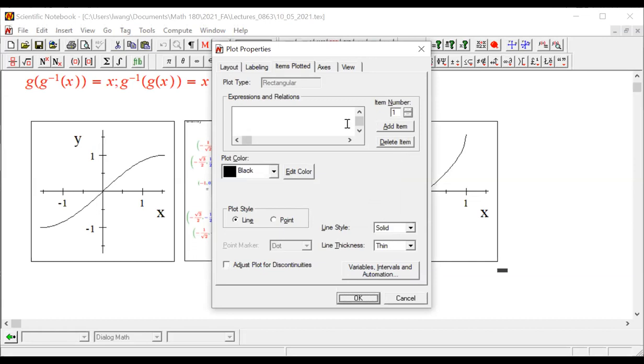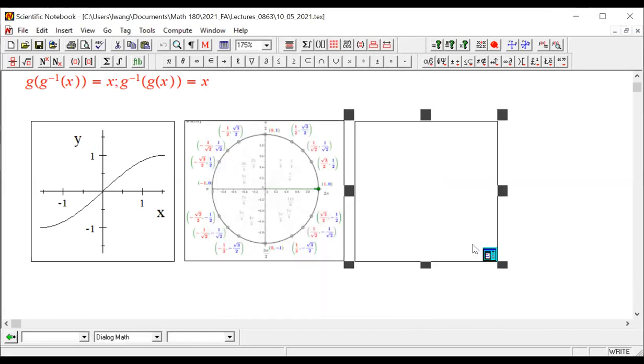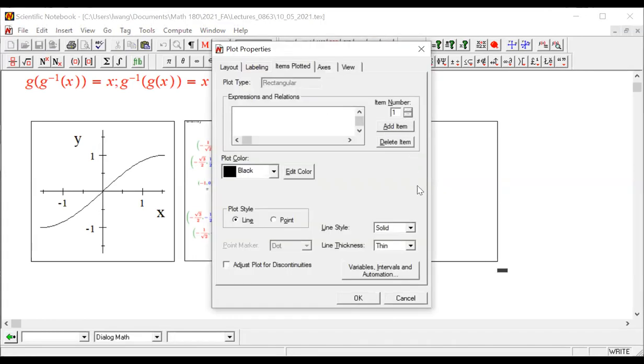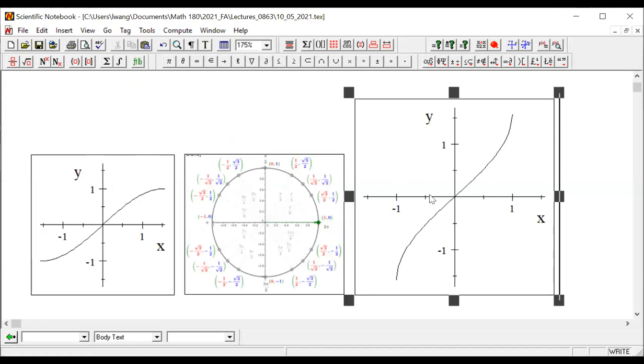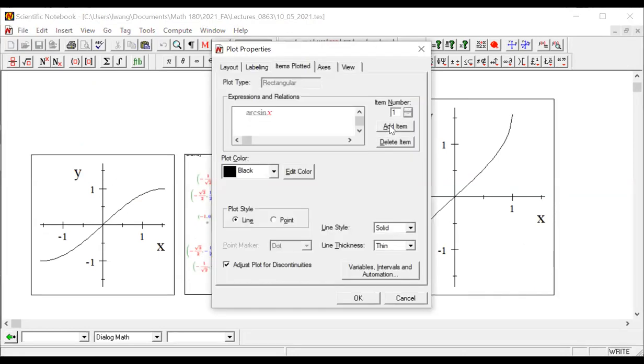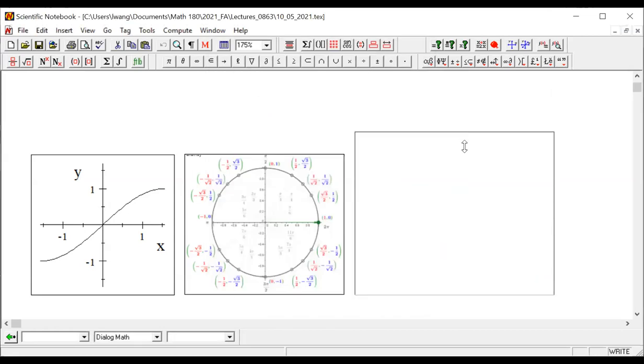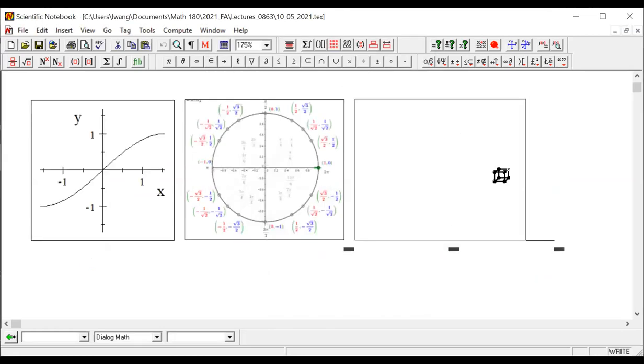Oh, it doesn't allow me. Oh, that's okay. Okay, hold on. I'm going to do this. All right, so a blank space, empty space.